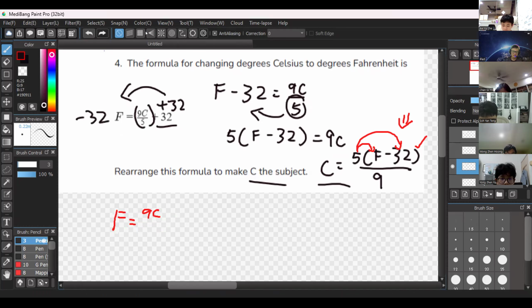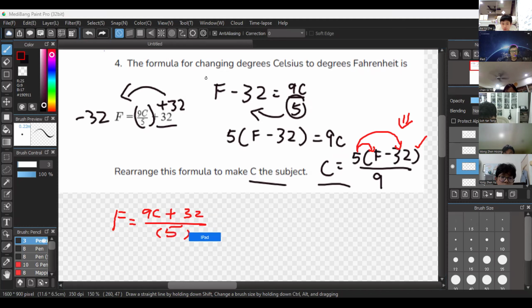Okay, no, thanks for your sharing, no worry. So now, let me share under what conditions we can move 5. As you can see here, I changed the question a bit to be 9c plus 32 divided by 5. This 5 is the denominator of two terms, which are 9c and 32. So under this type of situation, yes, first step, we move 5.